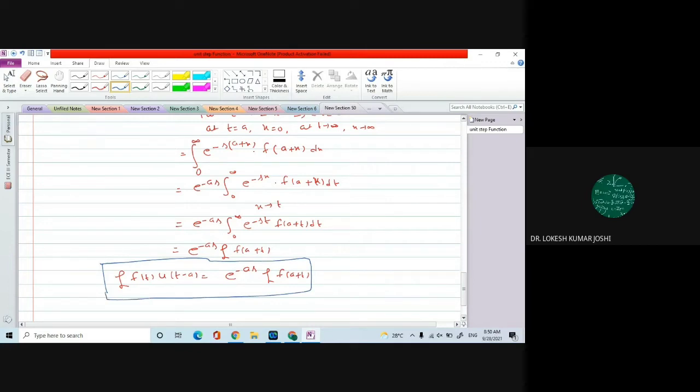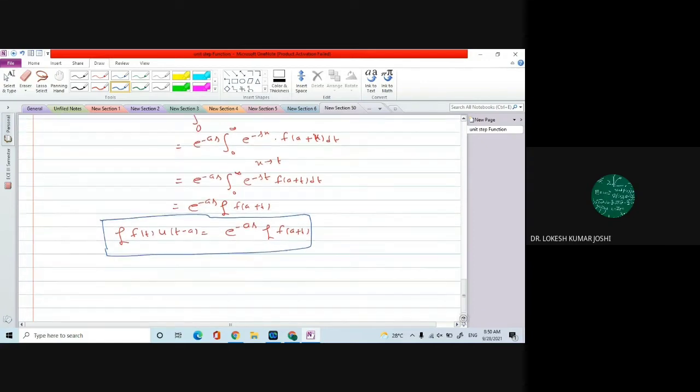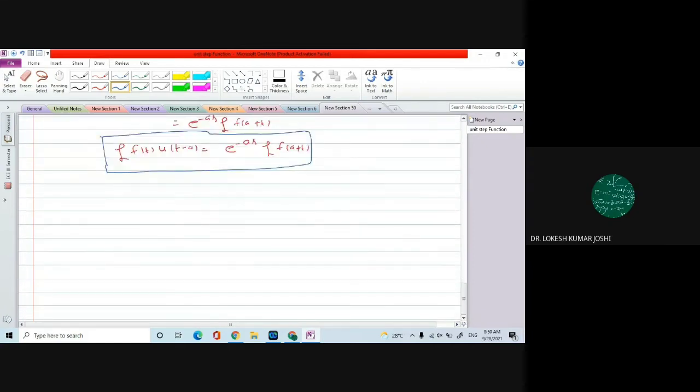Now, the statement of the second shifting theorem. We have already discussed the second shifting theorem, but let me tell you it once again. The first shifting theorem is already discussed. Today we discuss the second shifting theorem.